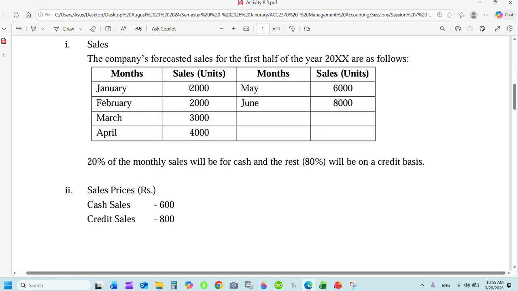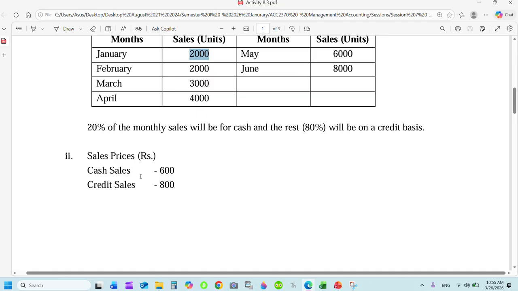That means out of these 2000 units, 20%, that is 400 units, on cash basis, and the balance 1600 units are expected to sell on credit basis.